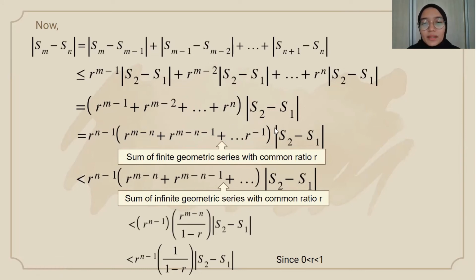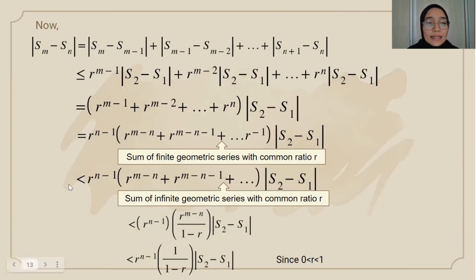So this series is times S2 minus S1, following the above pattern, and we can observe that this is actually the sum of a finite geometric series with common ratio r, and the first term is r to the power of m minus n. So basically, the sum of a finite geometric series is strictly less than the sum of an infinite geometric series.